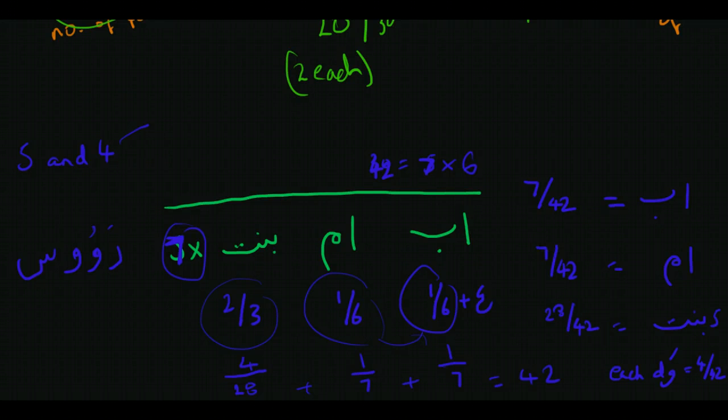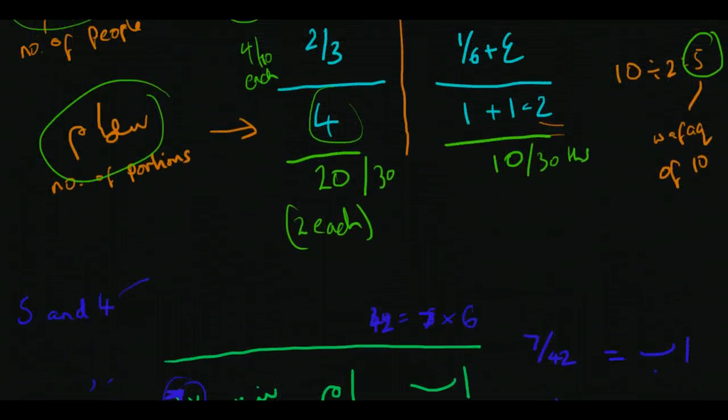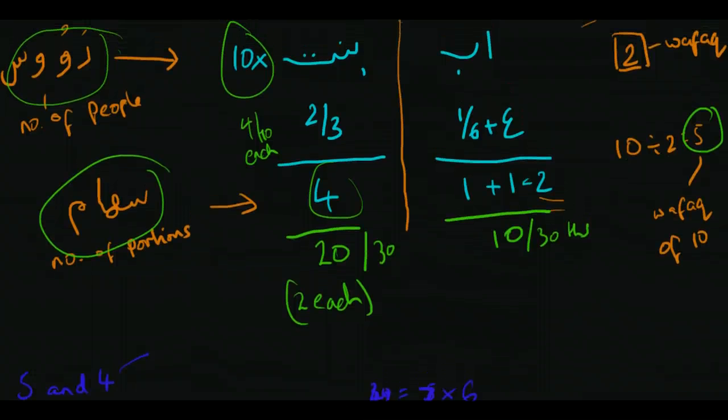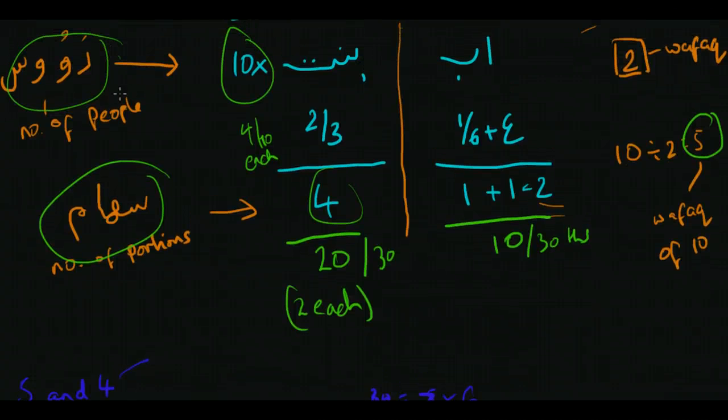So points to remember are when we have a situation where the number of shares cannot equally be apportioned between the number of people, we want to correct this situation, and the way we do it is we work out the relationship between the ru'us, the number of people, and the siham, the number of portions.